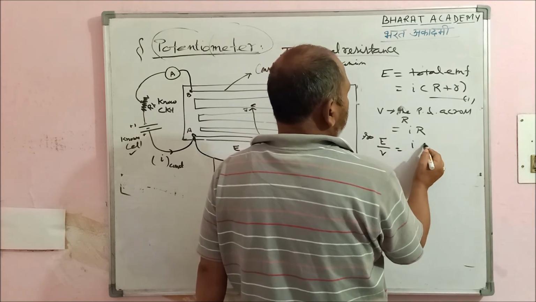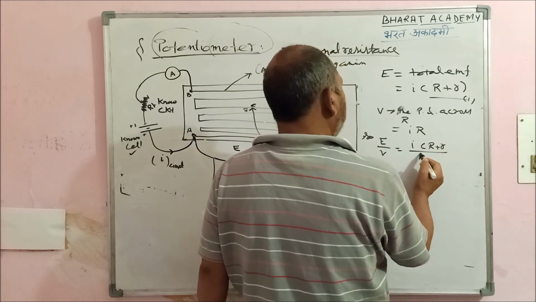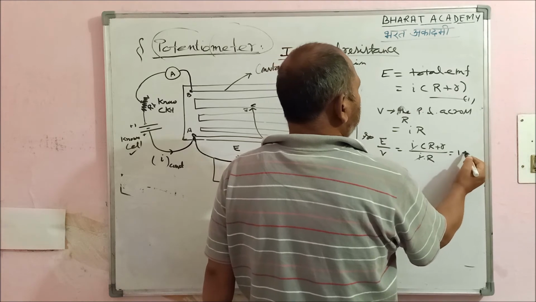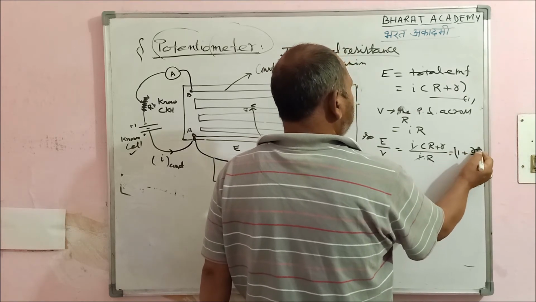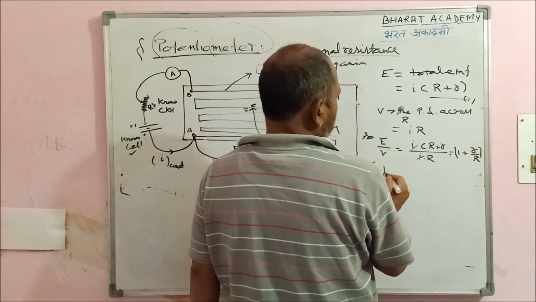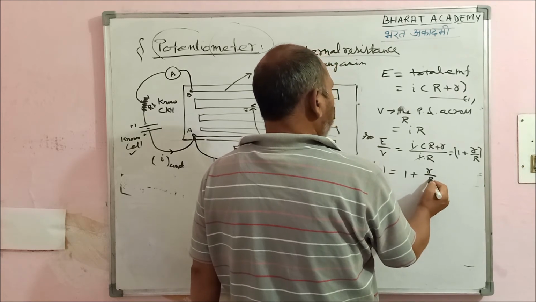It will be I(R plus r) divided by I into R. I is cancelled, we are left with 1 plus r by R. This is the theoretical part, we got it. E by V is nothing but 1 plus r by R.